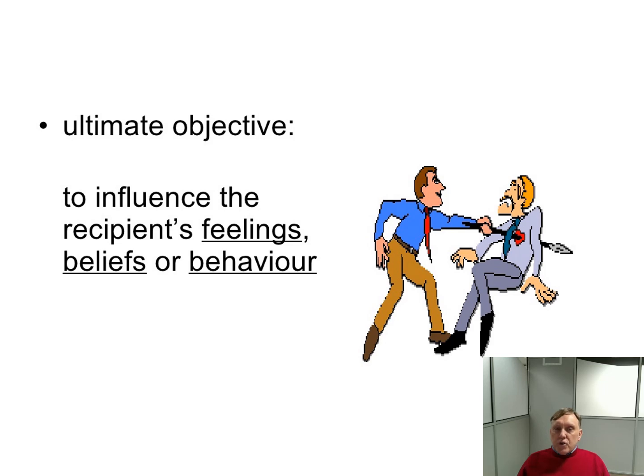The ultimate objective of the purchase, if we're doing a sales promotion, is to influence the recipient's feelings, beliefs, or behavior. Now, we already said that one of the things we're after is to actually create some action within the consumer. So that is a change in behavior. It may be that previously they didn't want to buy for a specific reason.